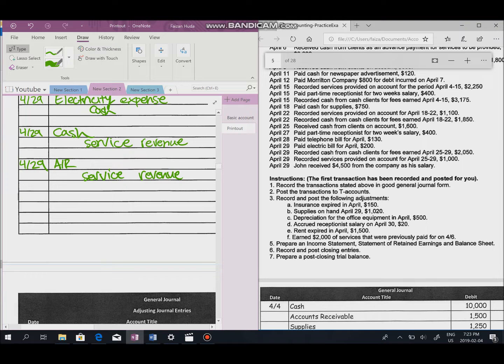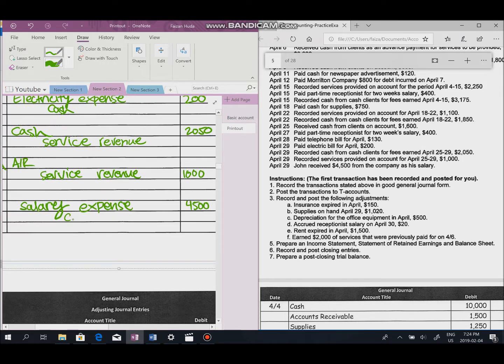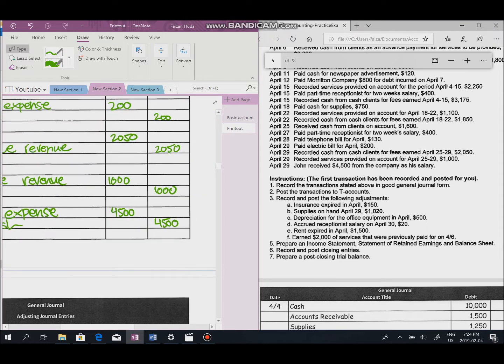Here you go. 4/29, salary expense for 4,500. I'll credit cash for 4,500 since I'm the owner and I'm paying myself. So yeah, these are the journal entries.